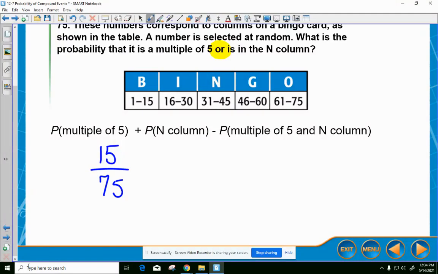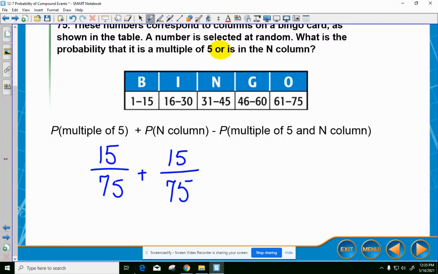Now, what are the chances I get a multiple of 5? That's 15 out of 75. Or, so that's why we add something from the N column. Well, how many numbers are in the N column? From 31 to 45 is 15. So that's 15 out of 75. But because I can get a multiple of 5 that's also in the N column, how many of those are there? 3.